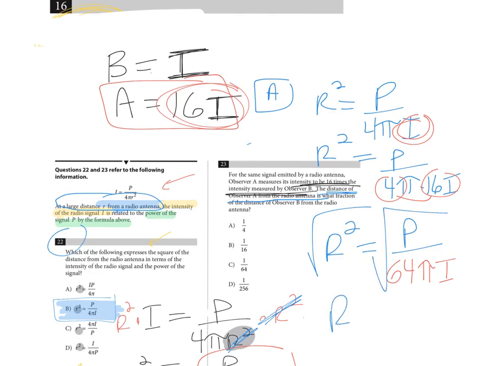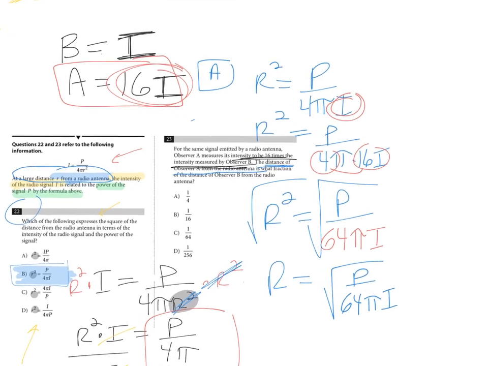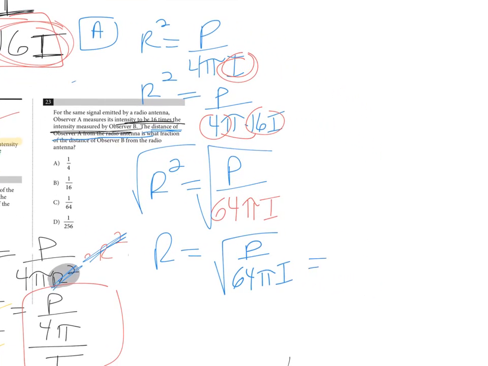So R is equal to the square root of P over 64 pi I. Well, the square root of a fraction is just the square root of the numerator over the square root of the denominator.